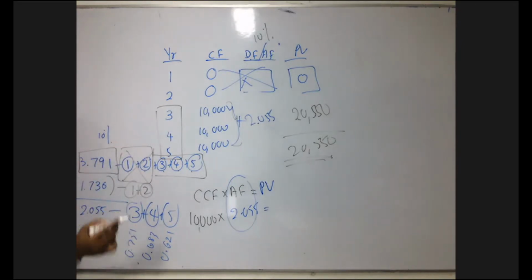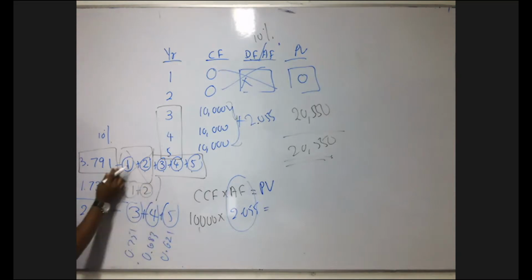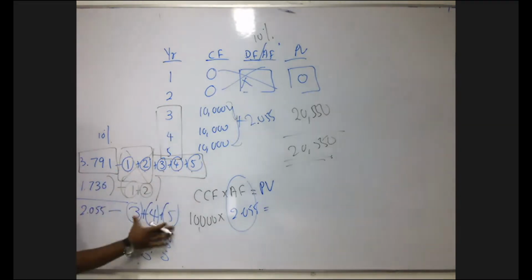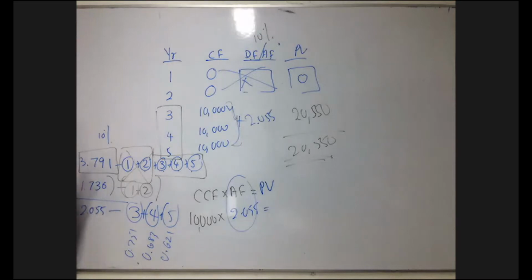The addition of 1 and 2 I have given in the annuity table, it is 1.736. If you remove 1 and 2 from 1, 2, 3, 4, 5, you will get the answer for the addition of 3, 4, 5. From plus 5, if you remove plus 2, you will get the remaining 3. How much is that? 2.055. Is that clear, Naisha?